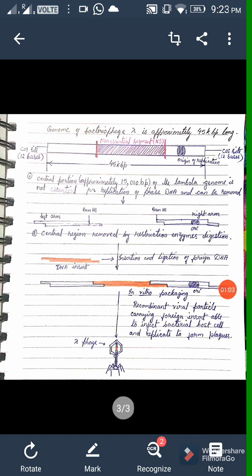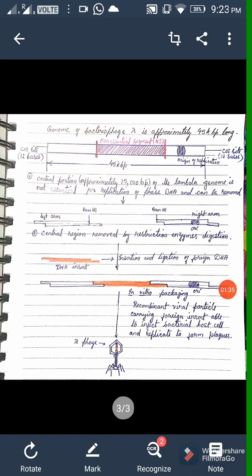And if you take a look at this first figure here, it is a double-stranded DNA molecule, right? At both ends it has what we call the cos sites, 12 bases, on the left and on the right. These are single-stranded DNA. Because they are complementary, they will join together to form a circularized DNA molecule, but that will happen only inside the bacteria.